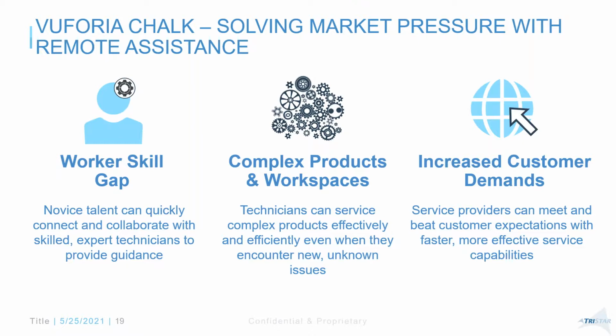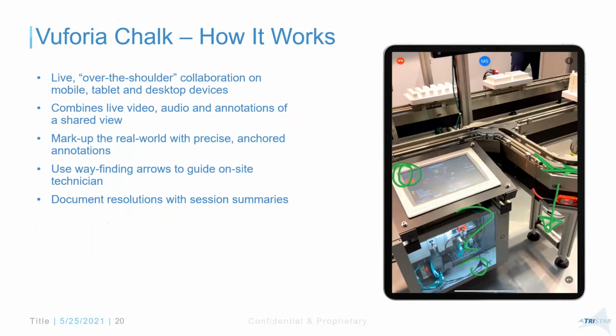Sometimes the product is complex, or maybe the workspaces we need to deal with are pretty complex as well, right? Also, customers are more and more demanding faster and more effective service capabilities from us, right? So that's when Vuforia Chalk can be pretty helpful.